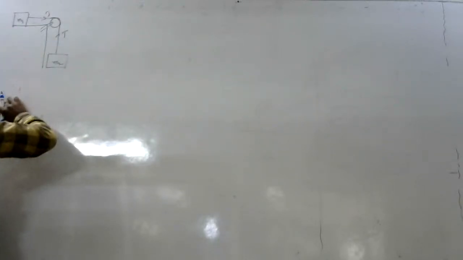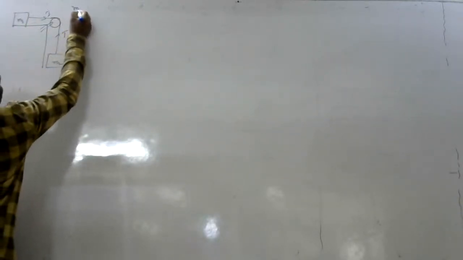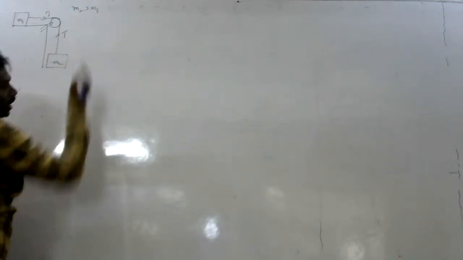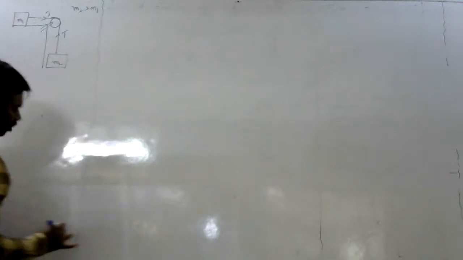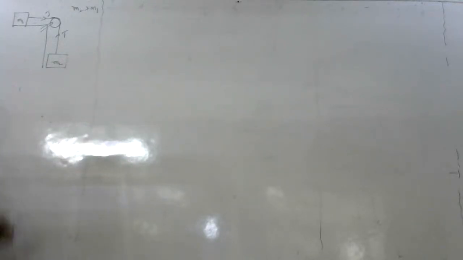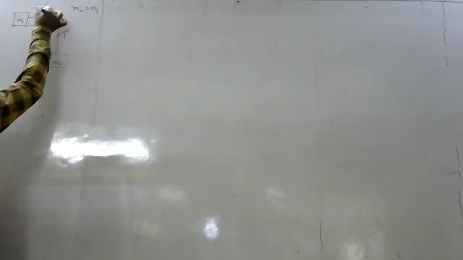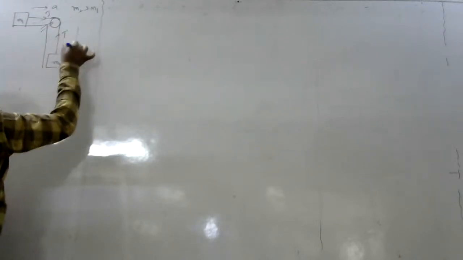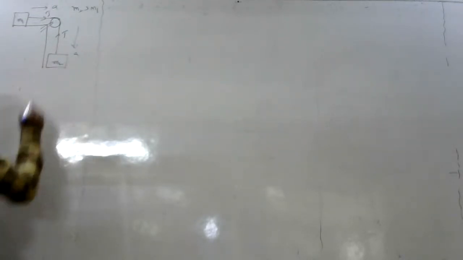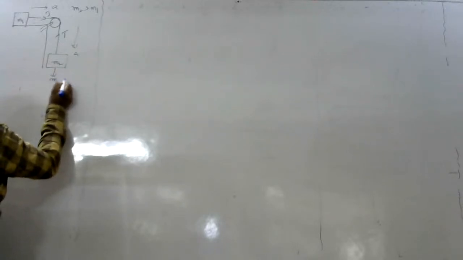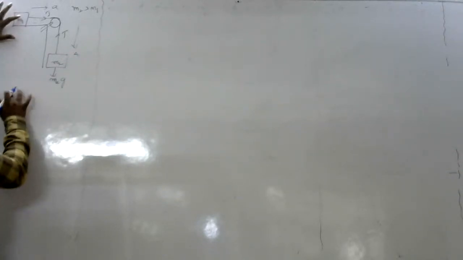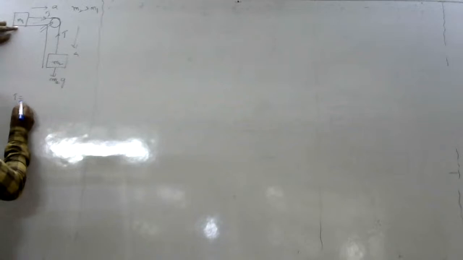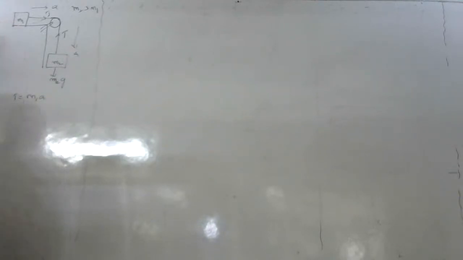Here the condition is also m2 greater than m1. Here also acceleration is like this, and this block's acceleration is downwards. So weight mg is always in the downward direction.